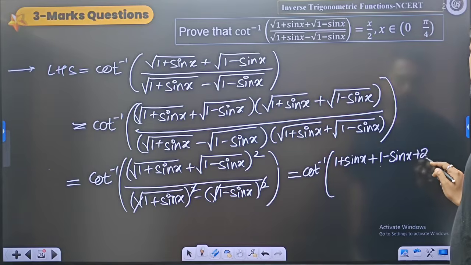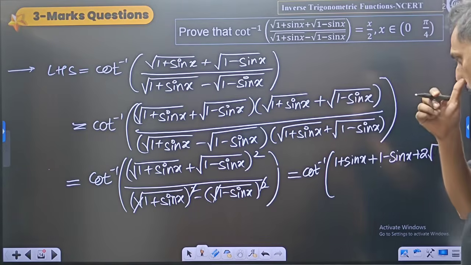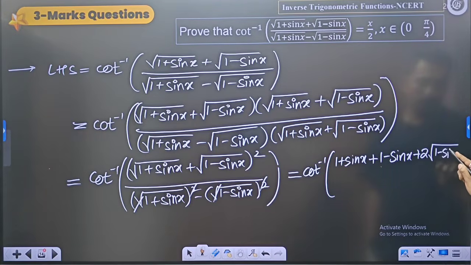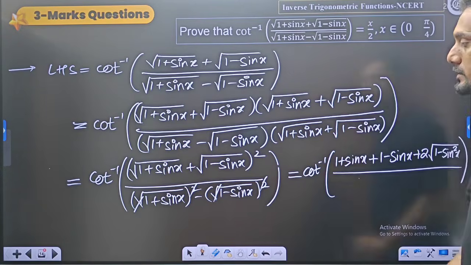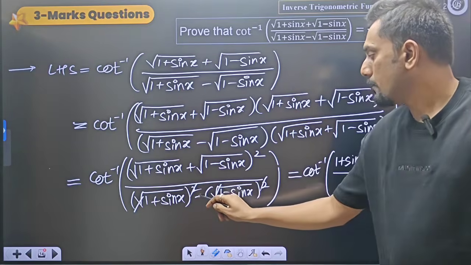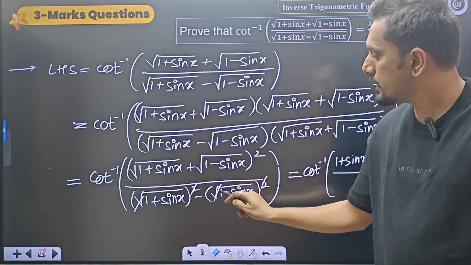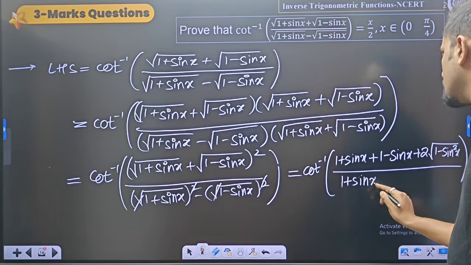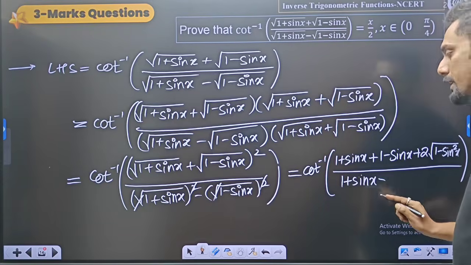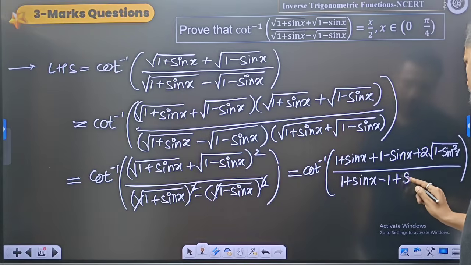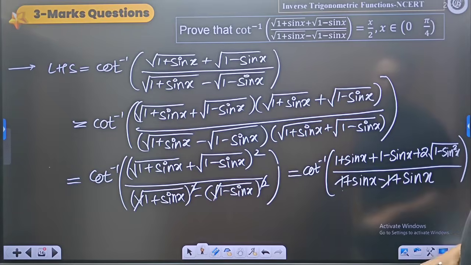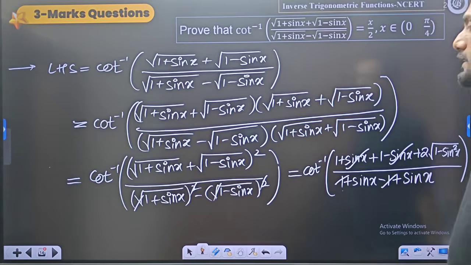So that becomes 2 root of 1 minus sin square x, right? Divided by a square minus b square, that is, 1 plus sin x minus of 1 minus sin x. See what this becomes: 1 plus sin x minus 1, minus of minus will be plus sin x. Here plus 1 and minus 1 get cancelled, plus sin x and minus sin x get added.